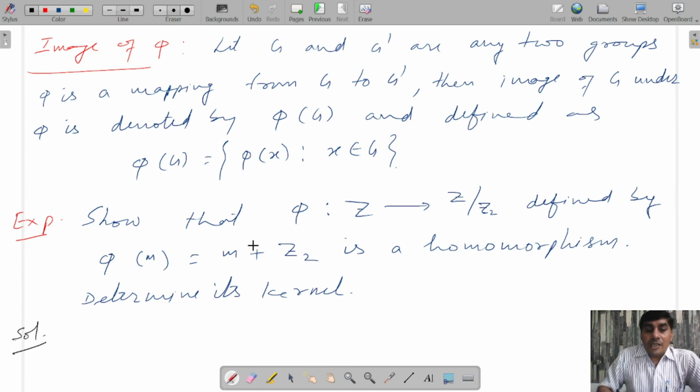Solution. It is given that phi is a mapping from Z to Z by Z2.